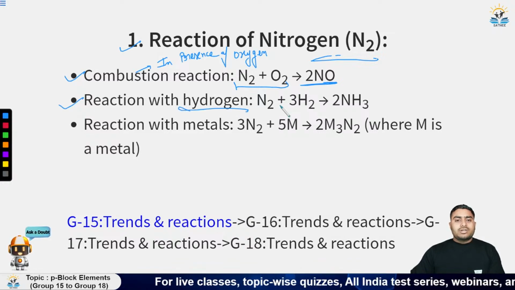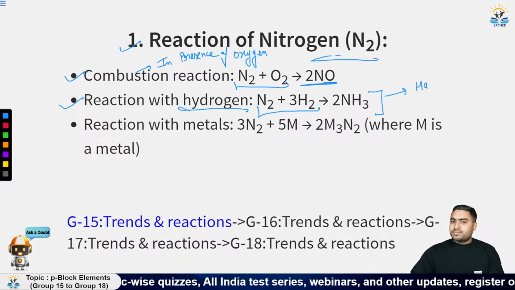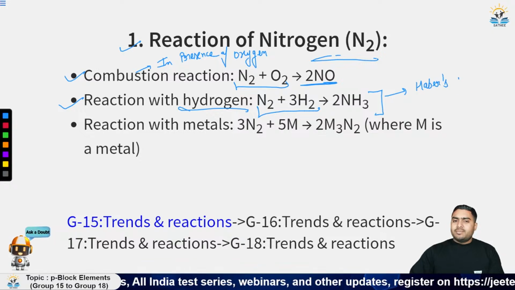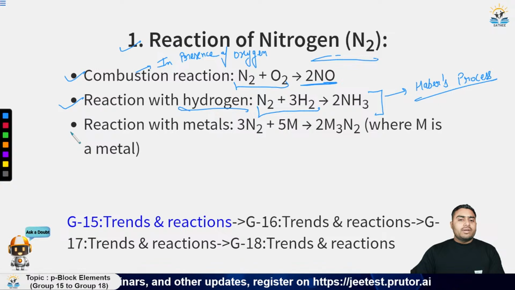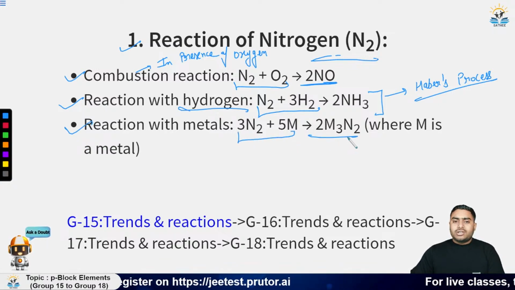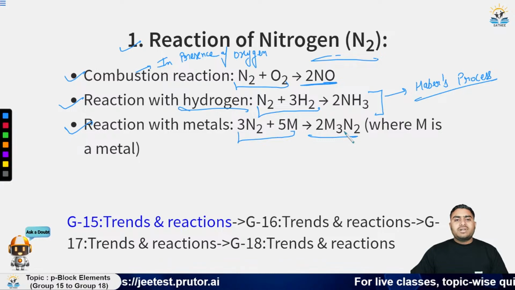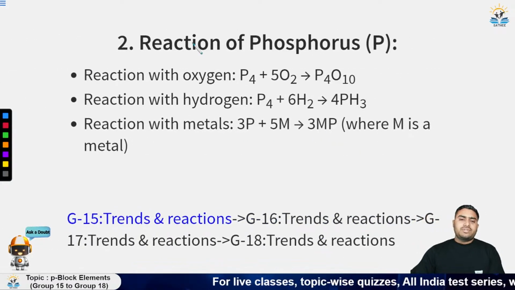Reaction with hydrogen: N2 plus 3H2 gives 2NH3. This reaction is named Haber's process. Reaction with metals: N2 plus 6M gives 2M3N, where M is a metal. So these are the reactions with metals, combustion reaction and reaction with hydrogen.